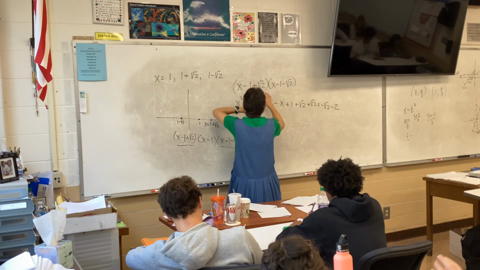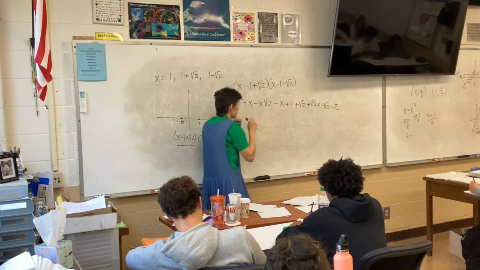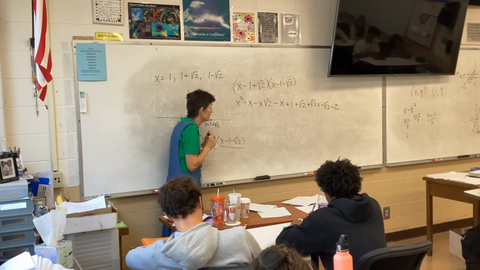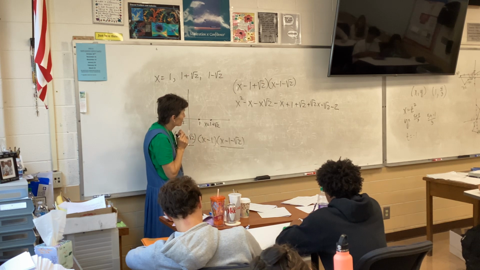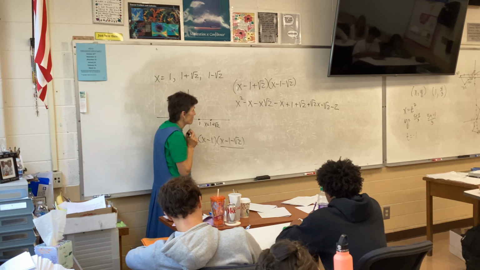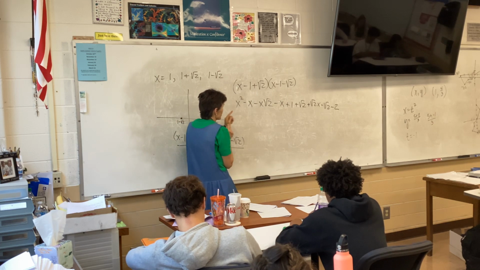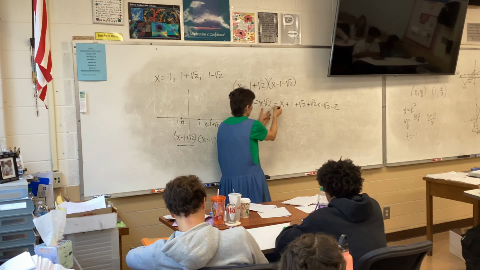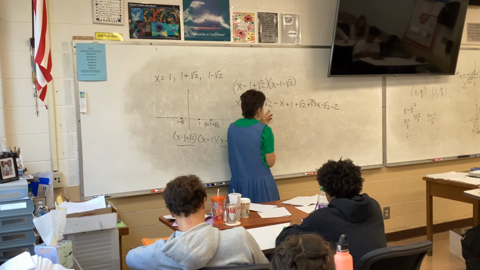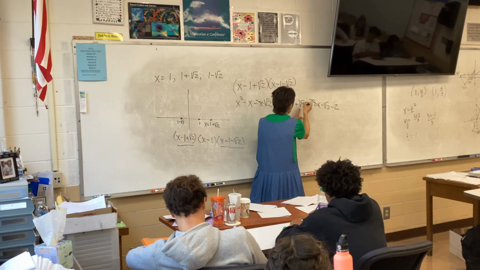Remember, when you multiply a root 2 times a root 2, they cancel and leave you just with 2. With any luck, everything with a radical is going to cancel. So does this cancel? Yep. Does this cancel?